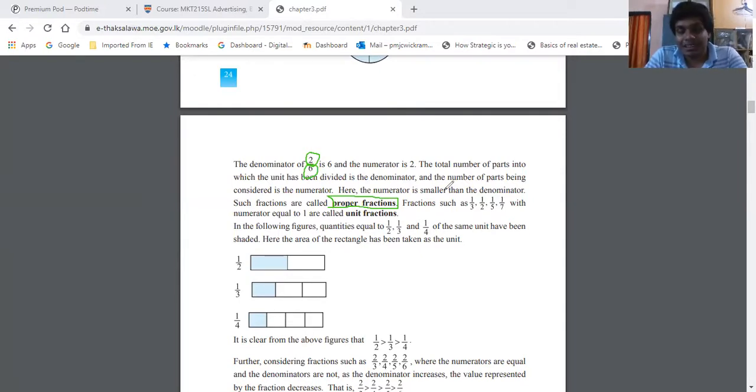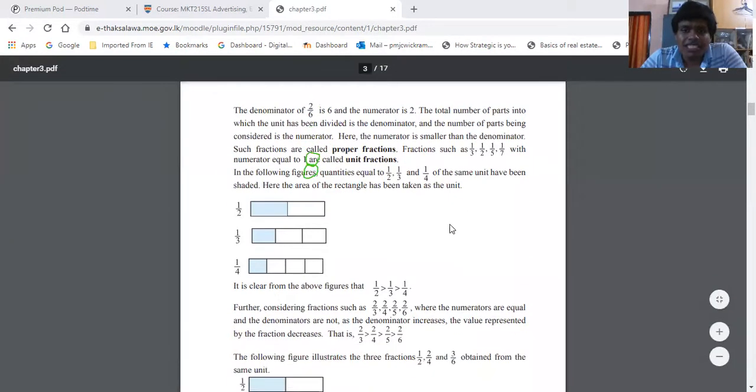It's not an English paper where they're going to ask what is a proper fraction and a unit fraction. I'm 100% sure about that, because there are so many questions they can ask around fractions, even BODMAS. There's so much.